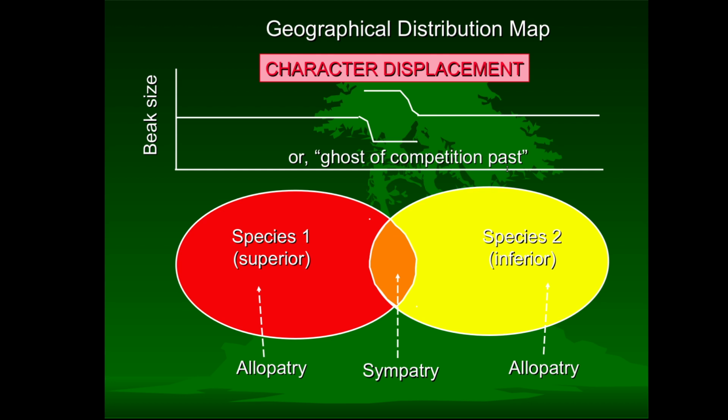It's an interesting reference to the Christmas Carol story of Ebenezer Scrooge, who had to endure the ghost of Christmas past. So the idea is that competition in the past caused evolution of character displacement, which relaxed or avoided competition in the present.